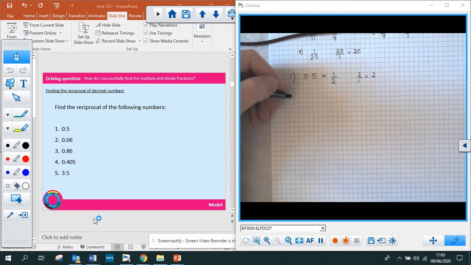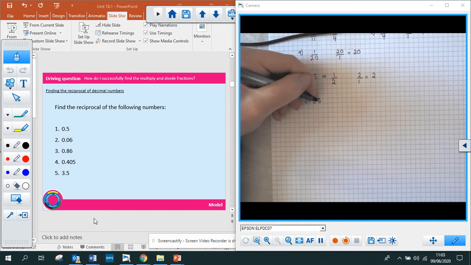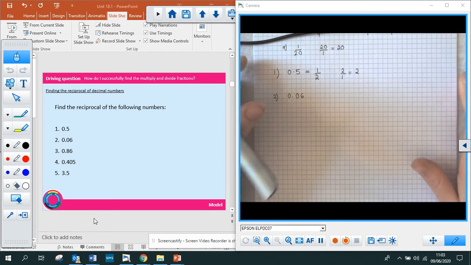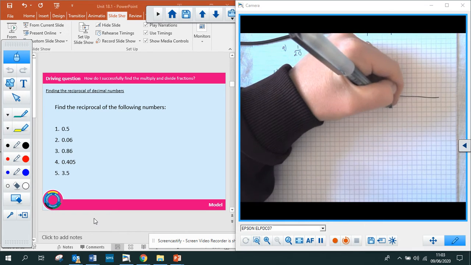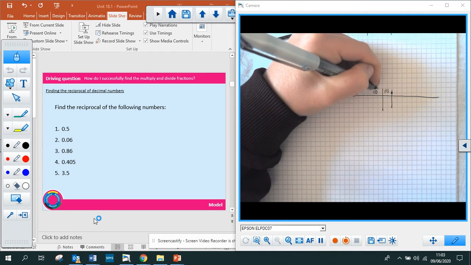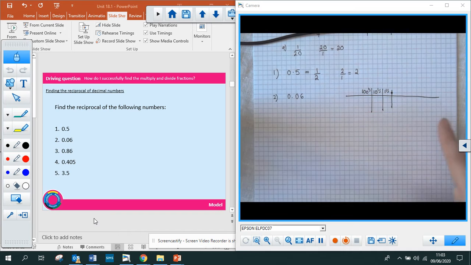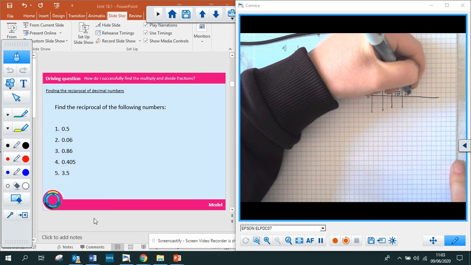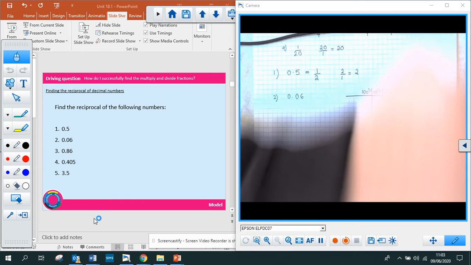Question 2. We need to know what 0.06 is as a fraction. Okay? So I'm going to remind you of your place value table. So this is my decimal. Ones, tens, hundreds, etc. And going down, we're going to have tenths, hundredths, thousandths, etc. Okay?